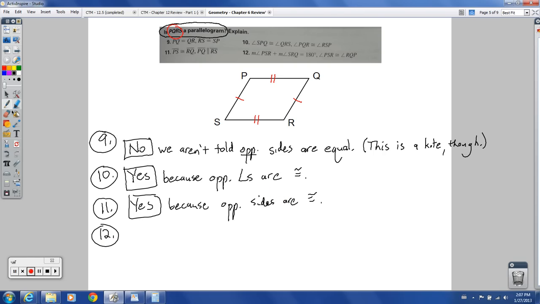And number 12. So let's start afresh one more time. What this one's saying is that PSR plus SRQ, these two, add to 180 degrees.